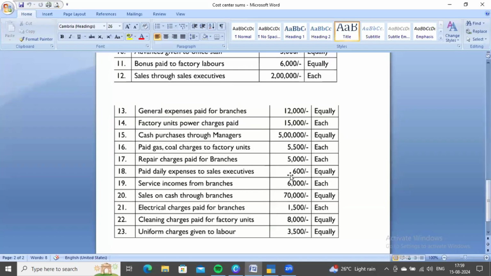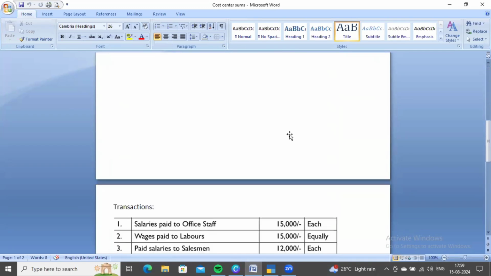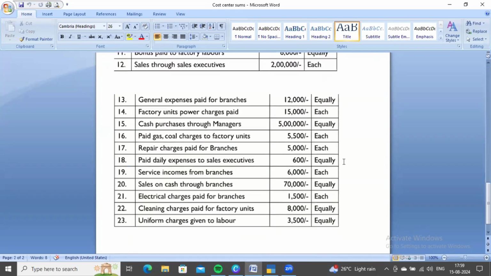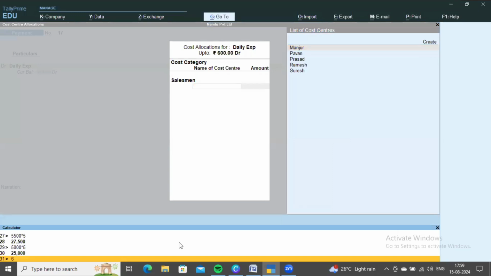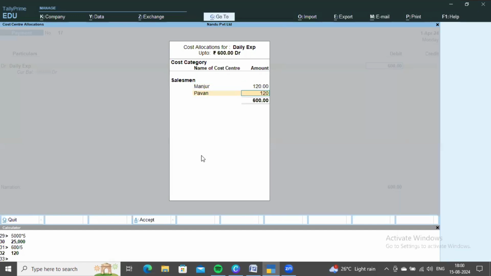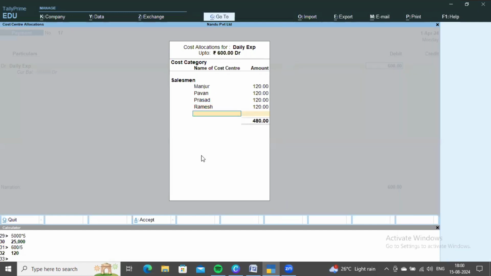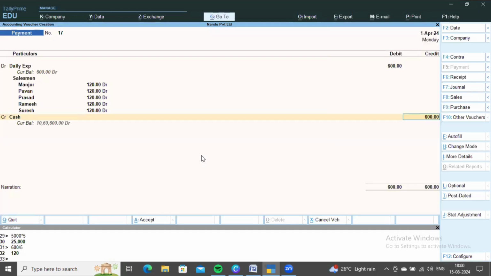How many cost centers are there under sales executive salesman? 5. 600 equally means 600 divided by 5, and the amount is 120 each. Assign 120 to each member. And credit cash account.